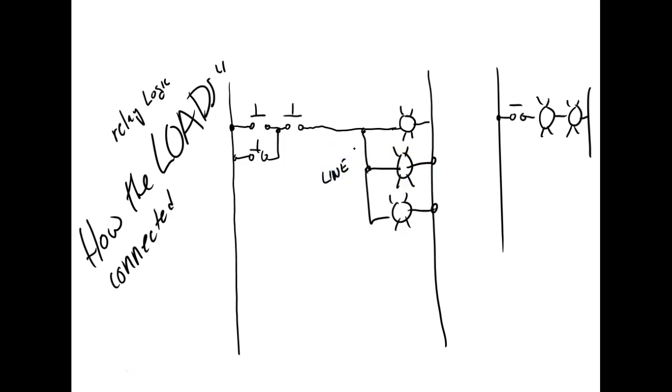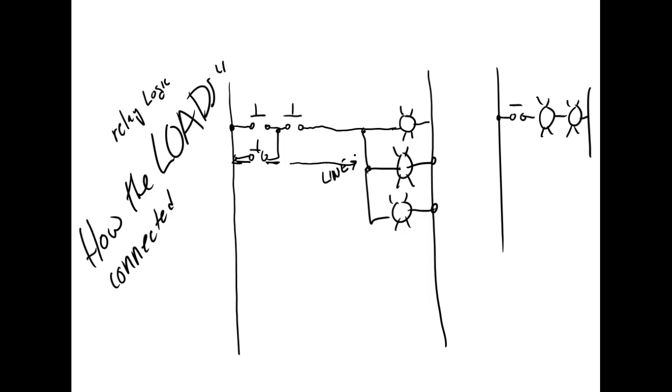So this rung would consist of 3 lines, because this line should line up with this line. So the rule is we can have one or more loads per rung. We can only have one load per line. That's the rule.